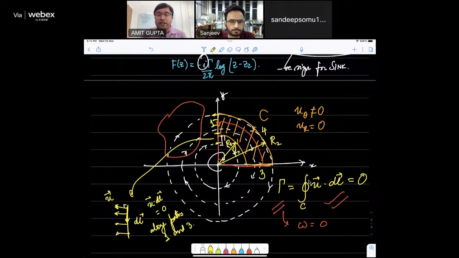They won't contribute anything. The only place where you will get contribution is along paths 2 and 4, and they would be equal and opposite, so they will cancel off. Actually, you can try and prove that to yourself, and maybe you'll be pleasantly surprised why this happens. So that is the answer to this question, that the vorticity remains 0.